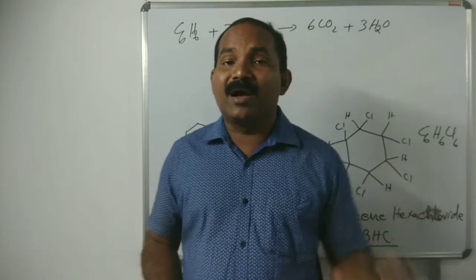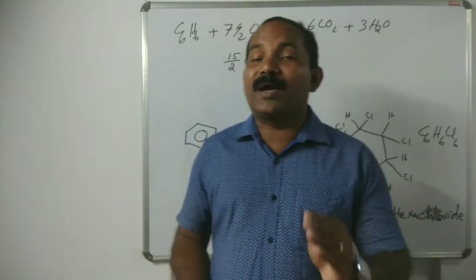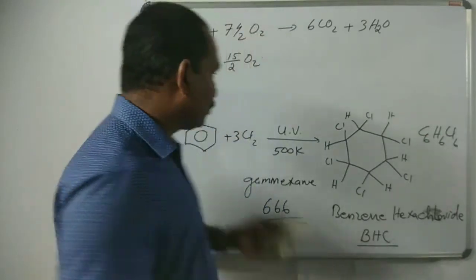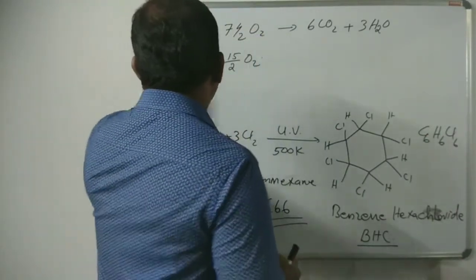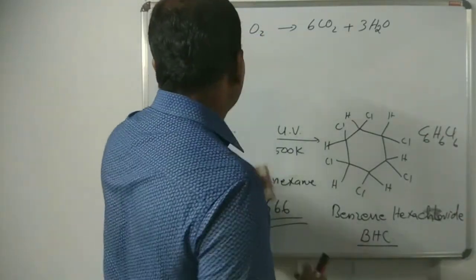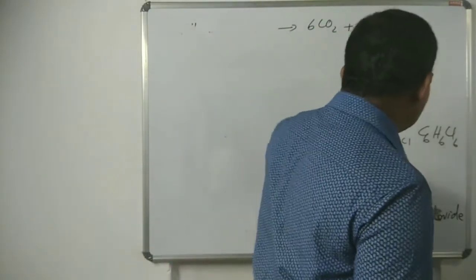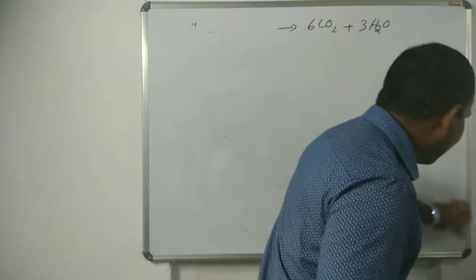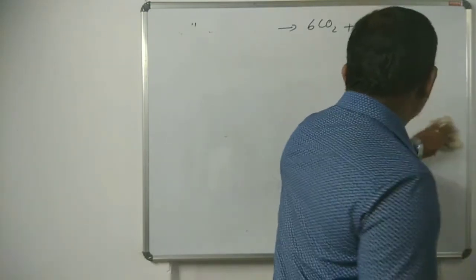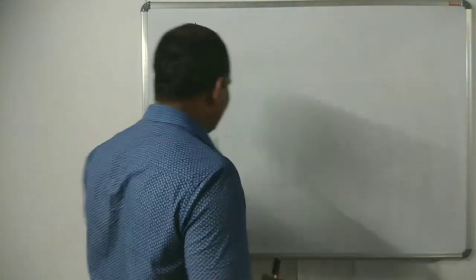First are the ortho-para directive groups. The directive influence is also known as the orientation effect of the functional group.